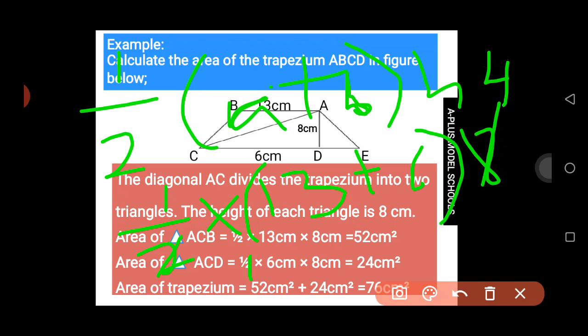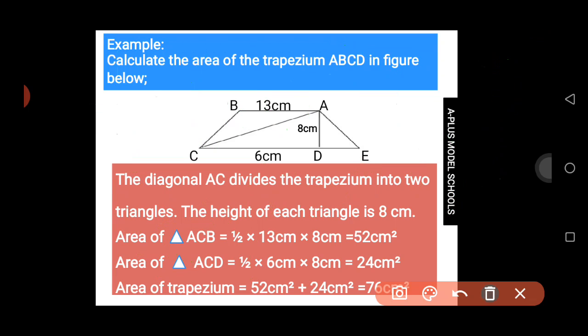Then I have 13 plus 6, that is 19. So 19 times 4: 4 times 9 is 36, write 6, remainder 3. 4 times 1 is 4, plus 3, 7. You can see we are still arriving at the same answer, which is 76 centimeter square.